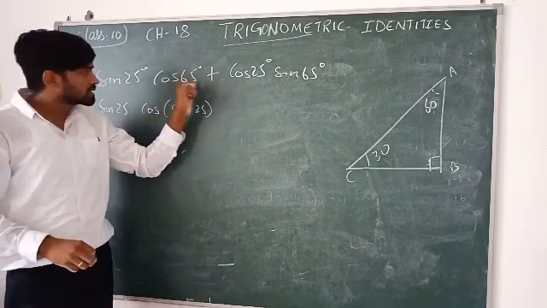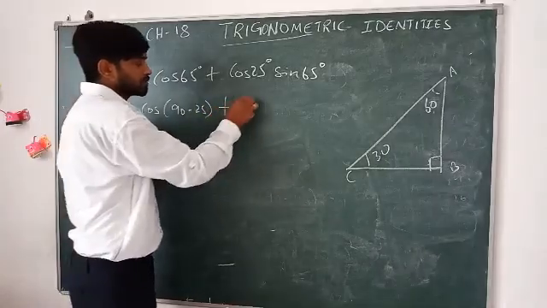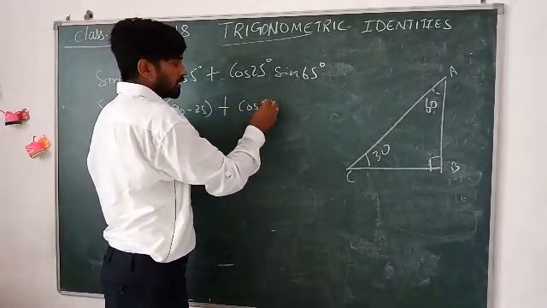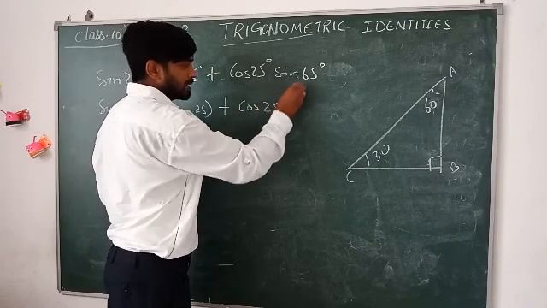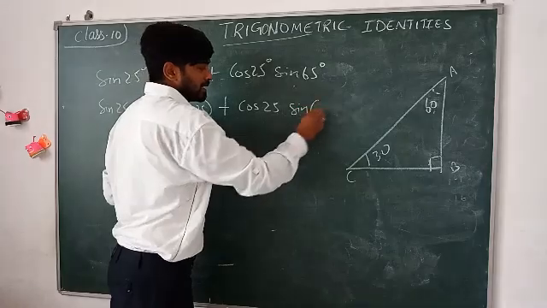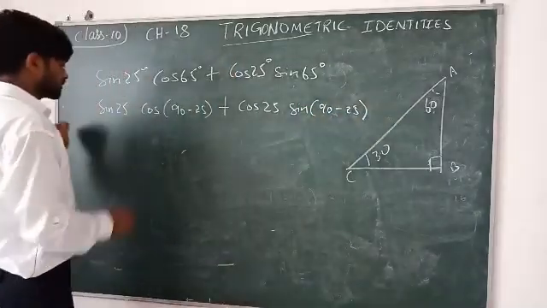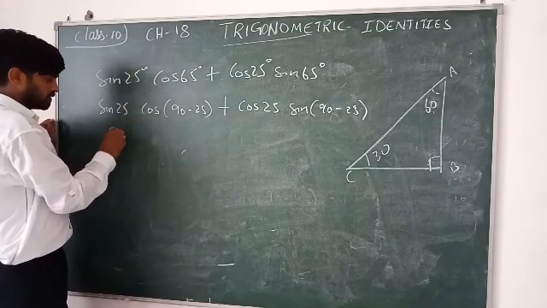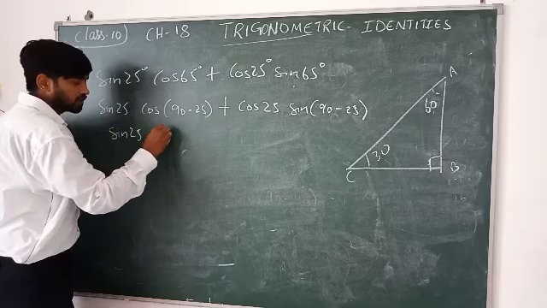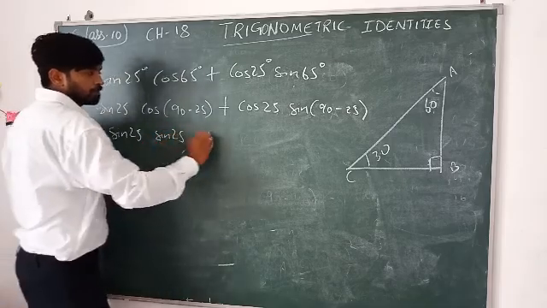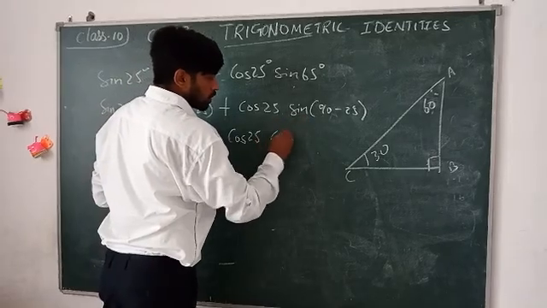Cos 65 can also be written as sine of 90 minus 25, and sine 65 can be written as cos 25. So if you see this, sine 25 stays sine 25, plus cos 25, and the other one also becomes cos 25, because the function flips when it is subtracted from 90.